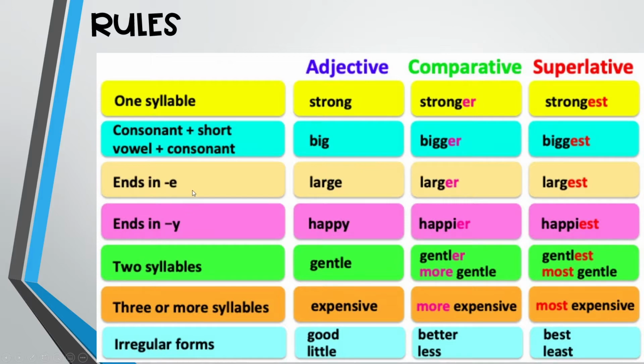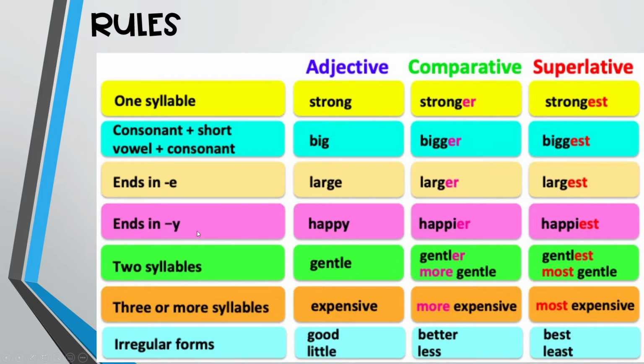Ends in E. So those who end with E, you still need to add ER, but you don't have to spell it as LARGE, ER. You don't have to put another E at the back. You just add an R at the back. For this one, just add ST at the back because the E is already in the spelling.